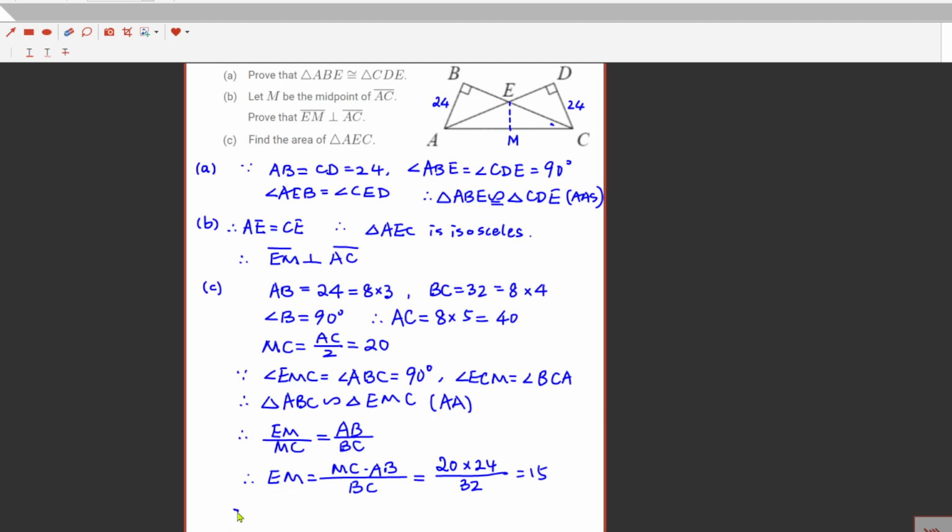Therefore, the area of triangle AEC, we use this symbol to denote the area, right, is 1/2 of AC times EM. So the key is to solve EM here. And that's 1/2 of AC is 40, EM is 15. So eventually you will have 300, right?